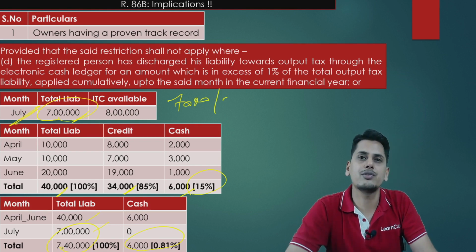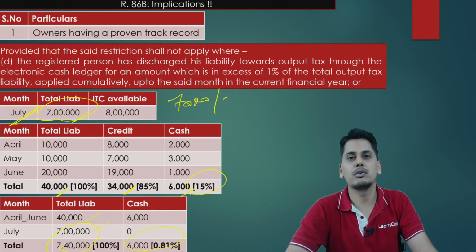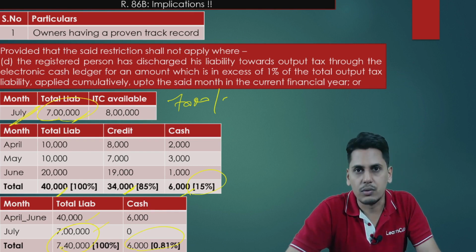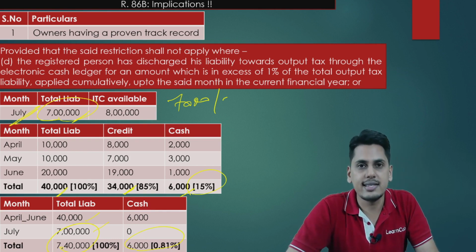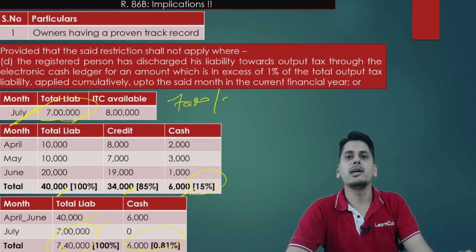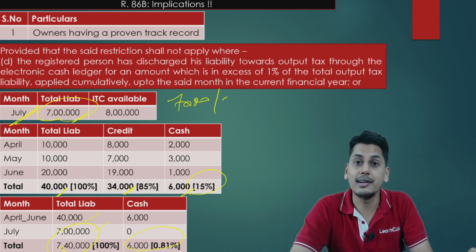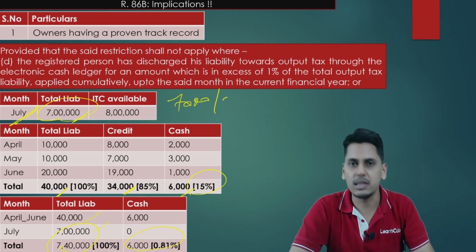Pay 7,000 rupees from electronic cash ledger and you comply with Rule 86B for the month of July. Friends, there could be some planning which can be done over here. Friends, please understand, the provisions of Rule 86B is requiring me to comply with Rule 86B on a cumulative basis. It is not asking me to comply with Rule 86B on a month-on-month basis.